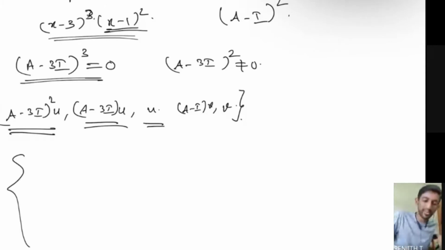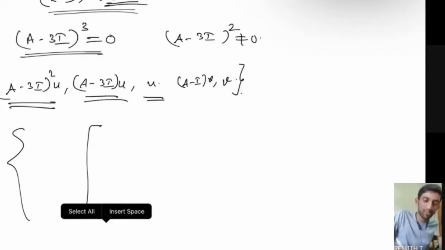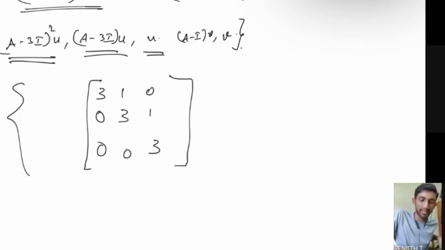Here if you write the matrix, it will be a 5 by 5 matrix. If you apply the first one by simple calculation, you will get a matrix like this: 3 0 0, 1 3 0, 0 1 3. This will be the first part.